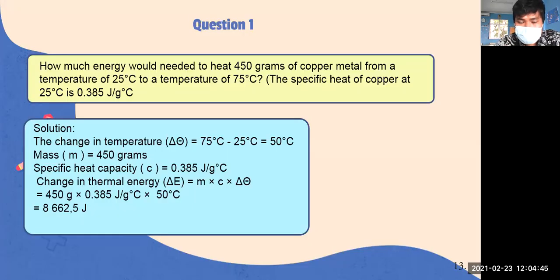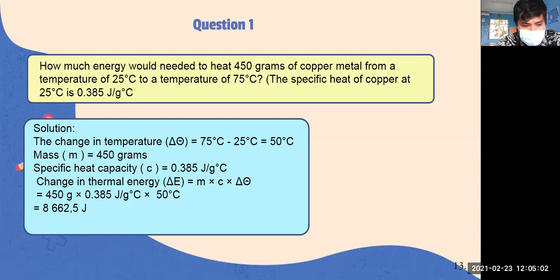Change in temperature equal to 75 degrees Celsius minus 25 degrees Celsius equal to 50 degrees Celsius. Mass equal to 450 grams. Specific heat capacity equal to 0.3852 joules per gram degree Celsius.